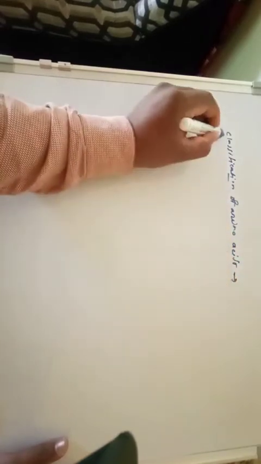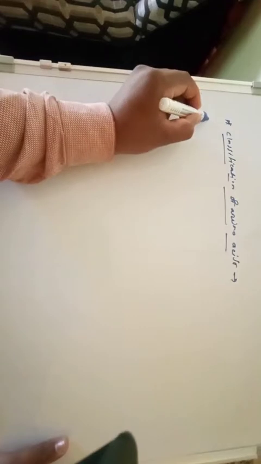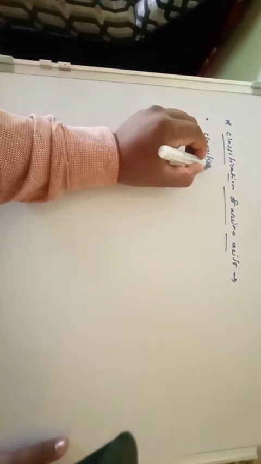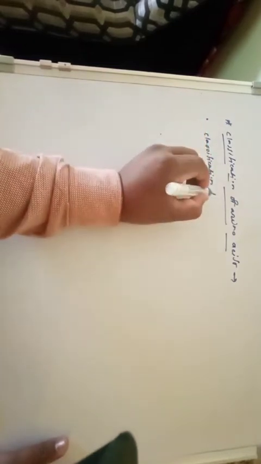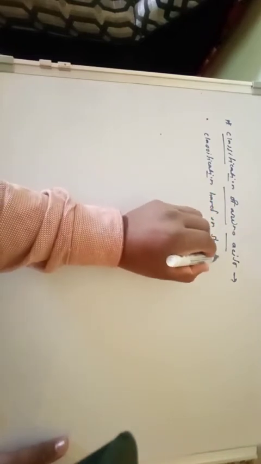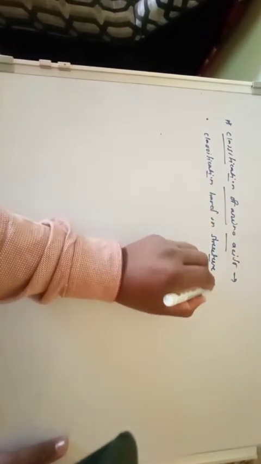The classification is based on different ways. The first way is classification based on structure. Before discussing the chemistry of amino acids and proteins, you should know the different amino acids and their structures.